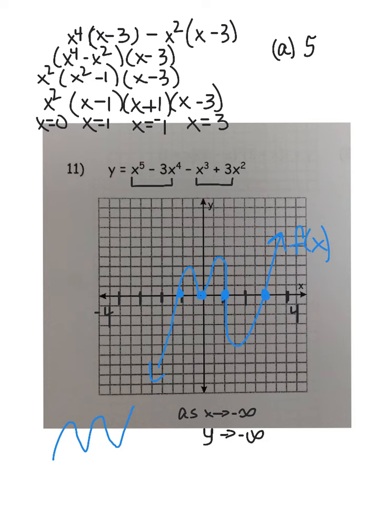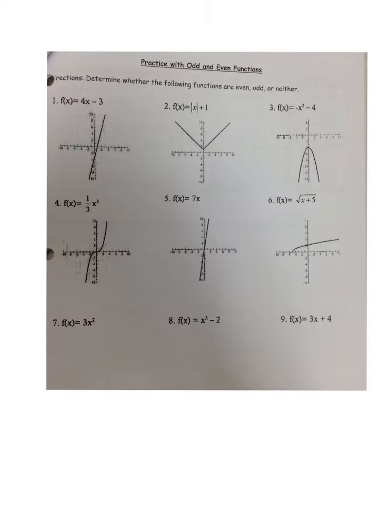Okay, all right, so let's do the other part. So as x goes to positive infinity, y will also go to positive infinity, because this is saying look at the right side of the graph. Here's the right side of the graph, and it's pointing up. So thus positive infinity. If you need to pause me to write any of this down, please do that. Get this in your notes.